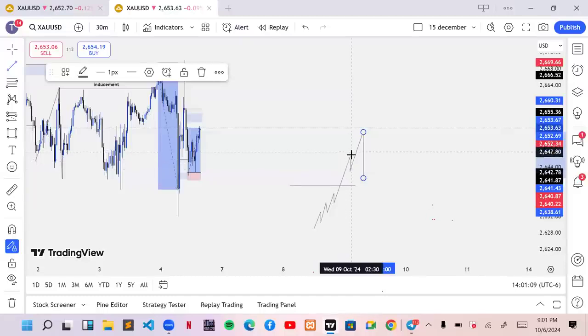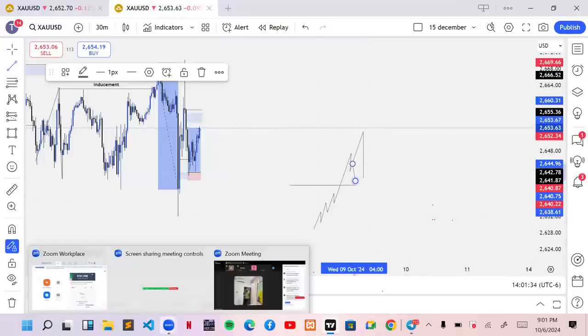But if market does this break of structure, this is the pullback, it pushes market close here and then just comes down, this is not a valid pullback. This means that market is likely going to reverse to the downside. So a valid pullback has to push market at least close to 50% or more of the last move that happened after the break of structure and the market structure shift. That is how you identify a valid pullback.